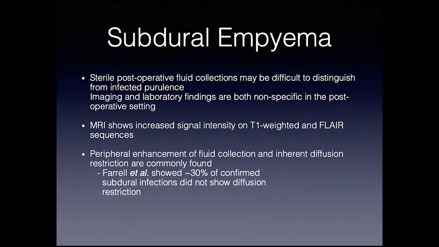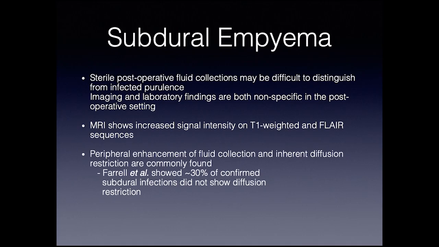Subdural empyemas often show peripheral enhancement on post-contrast sequences and classically diffusion restrict, although the absence of these radiographic features cannot entirely rule out infection, especially early in the clinical course. As such, a high degree of clinical suspicion must be maintained when reviewing the clinical, laboratory, and radiographic signs during patients' workup.